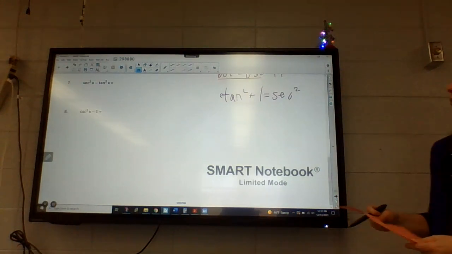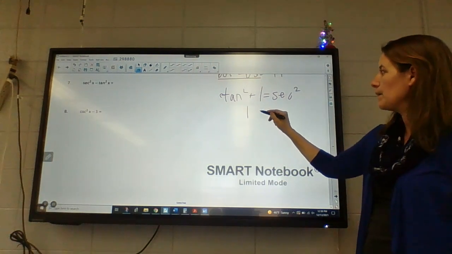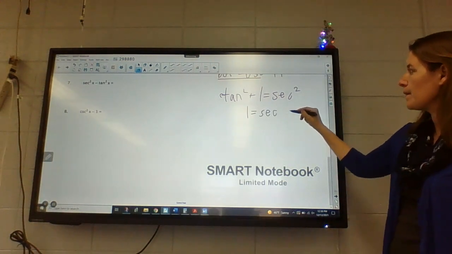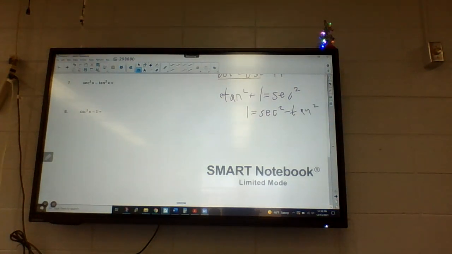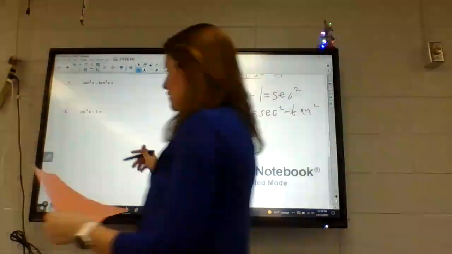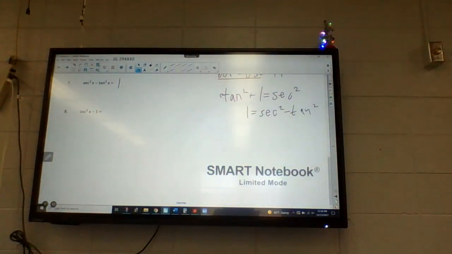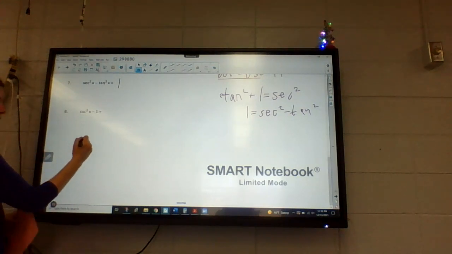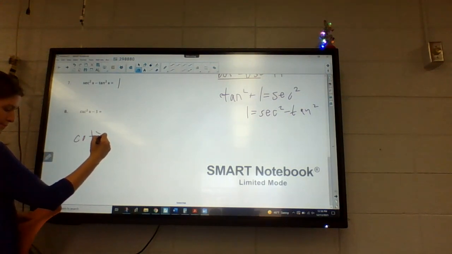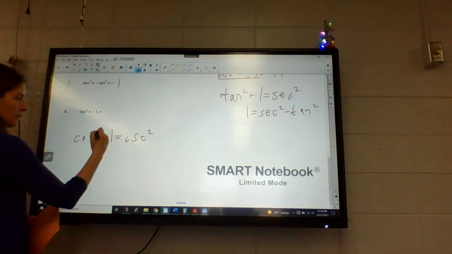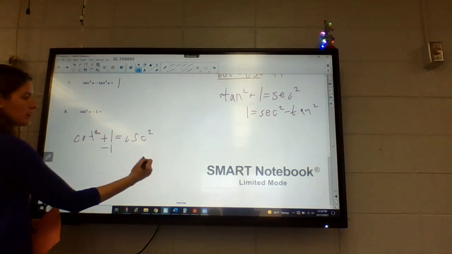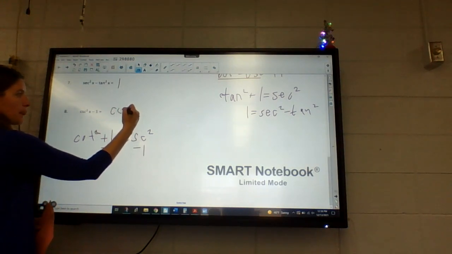In order to make this work, I'm going to move the tangent squared over, so I have to subtract it. So secant squared minus tangent squared is just 1. Very good. And then cosecant squared minus 1 is going to equal, what's that going to equal? Cotangent squared? So I move this 1 over, so then this is just cotangent squared.